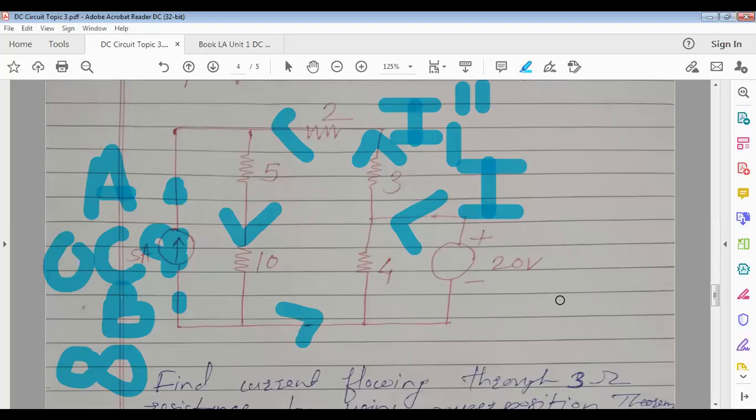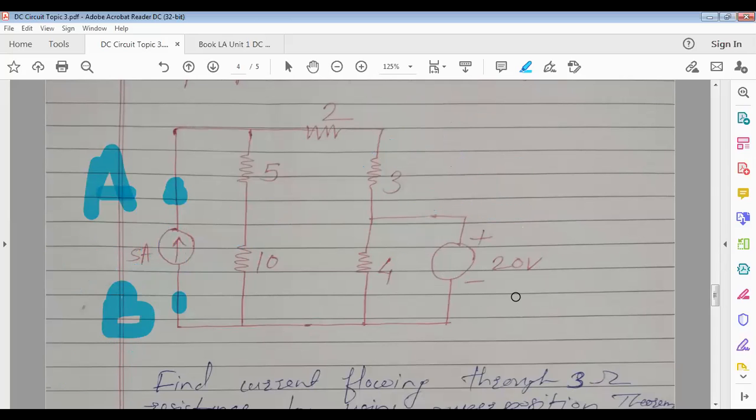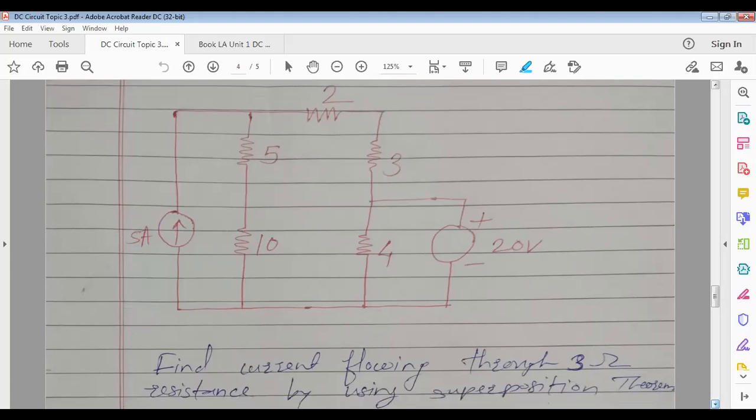So we have found I1 dash and I1 double dash, and their directions can also be easily specified. Now what is the question you have been asked? Find the current flowing through the 3 ohm in the given circuit. In the given circuit means when the 5 ampere and the 20 volt are both there.